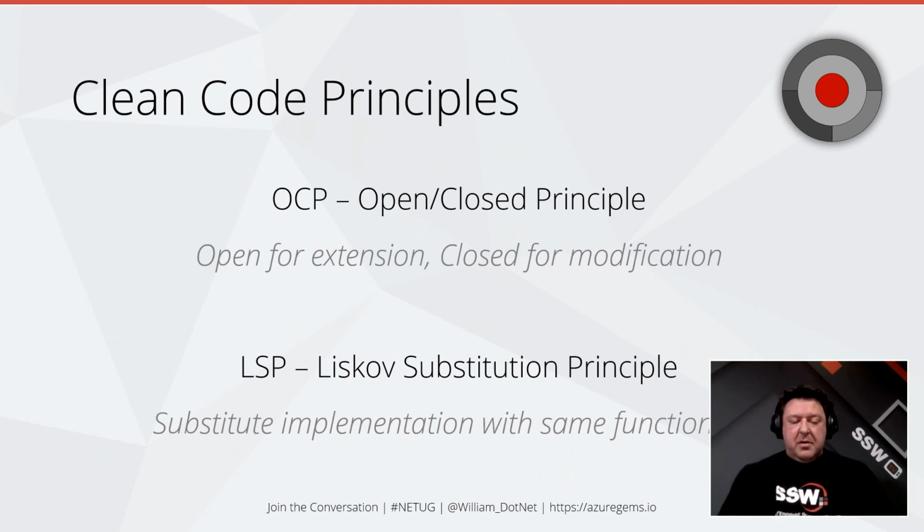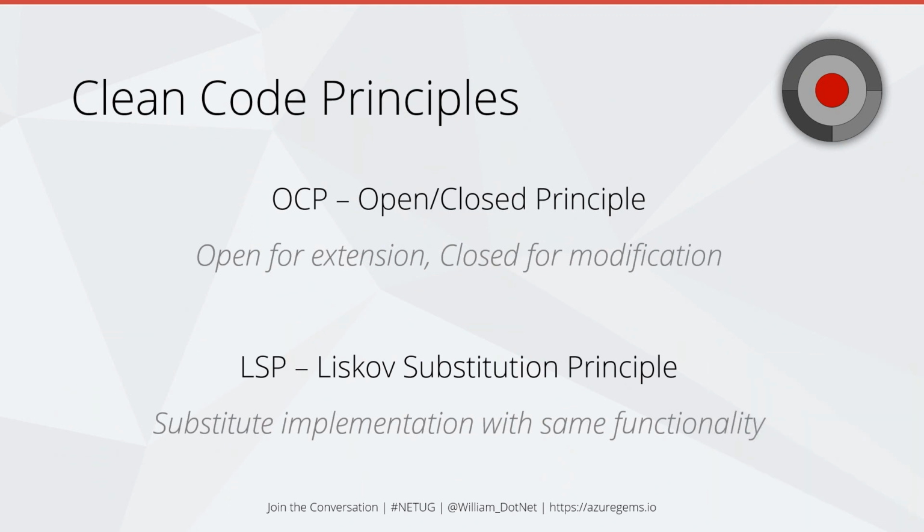The next two principles, the open-closed principle and the Liskov substitution principle, go hand in hand. When we say open for extension, closed for modification, it's like we want to take a class, inherit from it and change the functionality, make it do a little bit more, but we don't want to modify the original class itself.